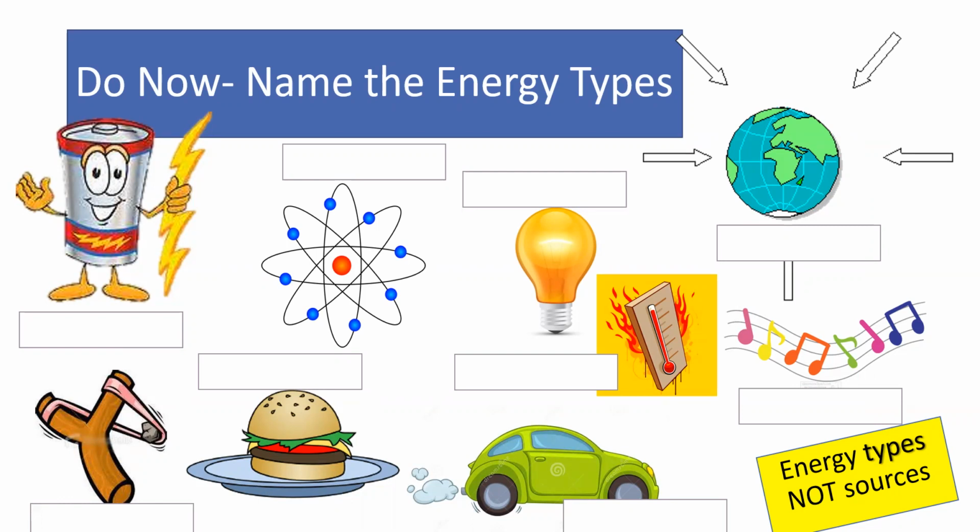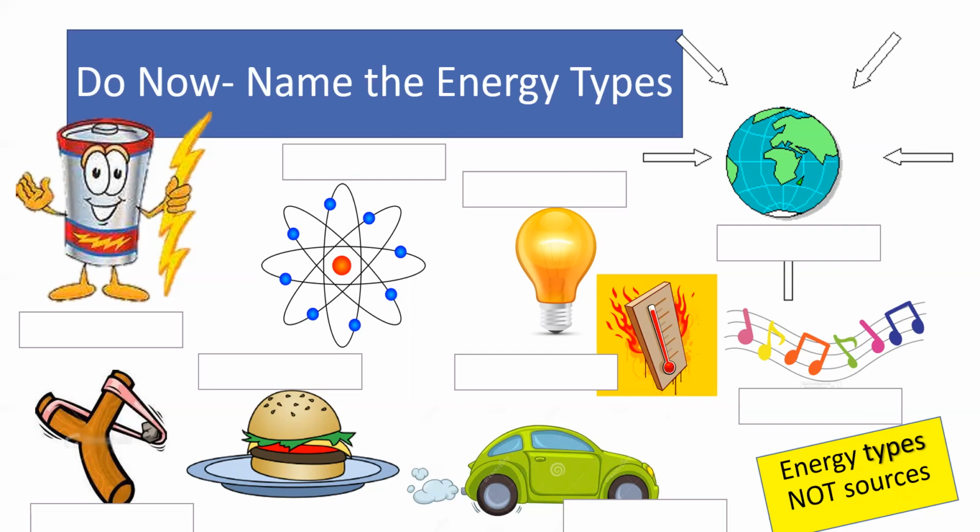Can you predict what energy is being exhibited, or what comes out of a light bulb? And then we have the Earth as well. What energy keeps the Earth in orbit? We have a catapult. What energy is stored? Food. What energy is in the food? And then we have a car that is in motion.